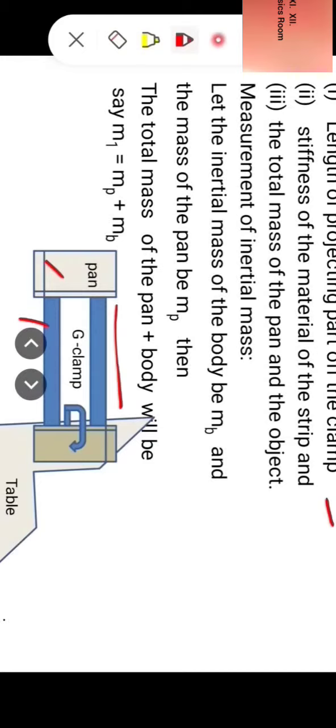Now, how do we carry out measurement of inertial mass with it? Let the inertial mass of the body be mb and the mass of the pan be mp. Then the total mass of the pan plus body will be, say, m1 equal to mp plus mb.